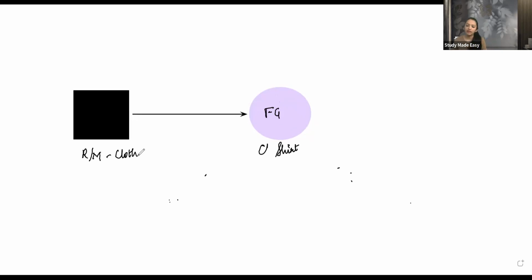Now this raw material has been converted into finished goods. Let's say this finished good is a shirt. This was cloth, and now it has been converted into a shirt.